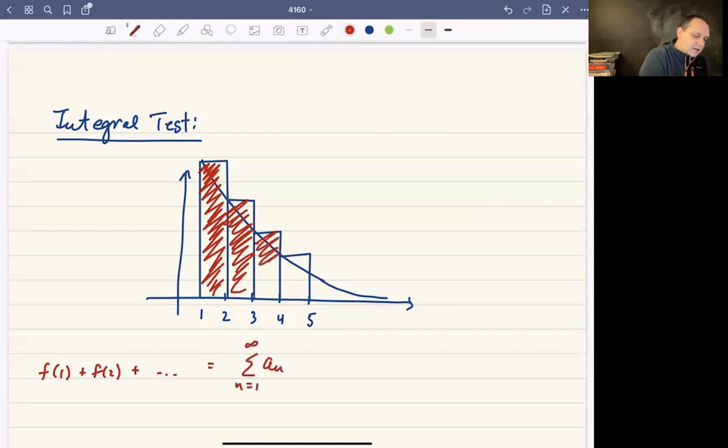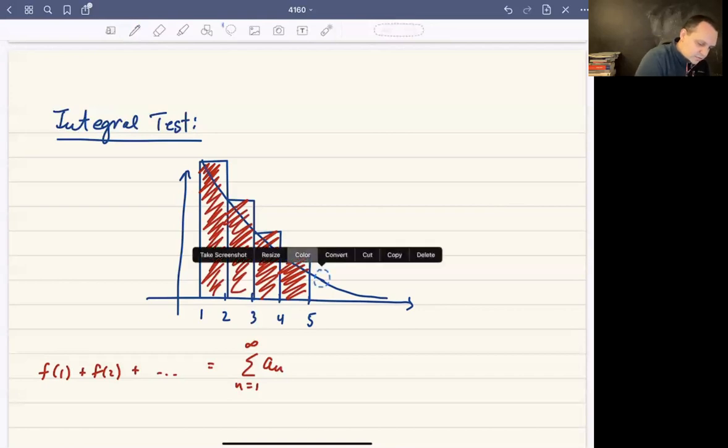So the red area, the area of all the rectangles that sticks just above this function here, is going to be this series a sub n, where a sub n is, so let's say that this curve here, I need to make this a different color so we can see it a little easier.